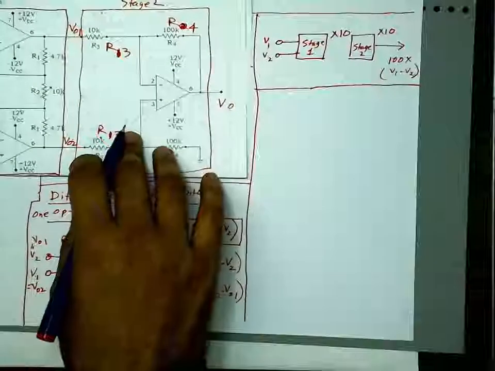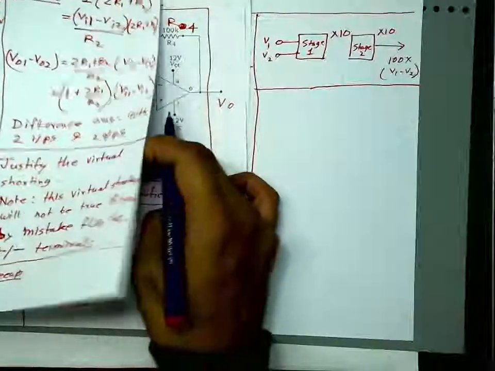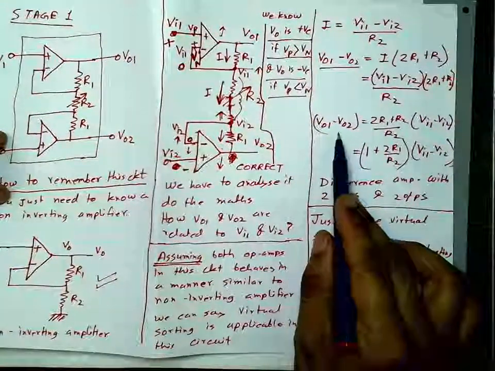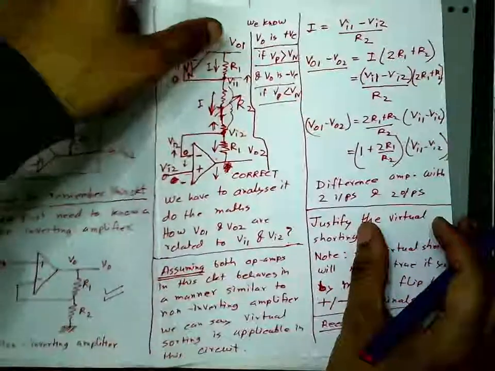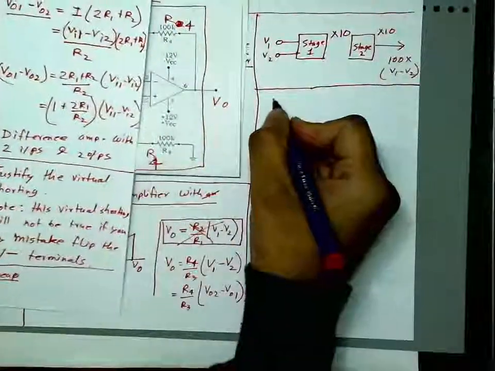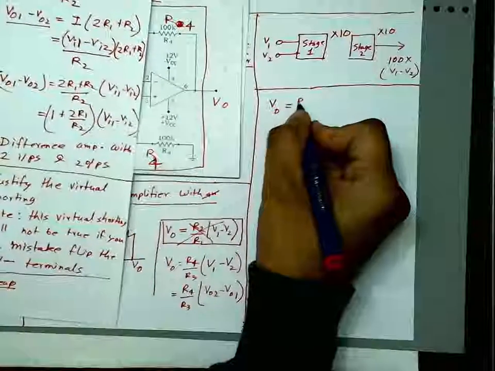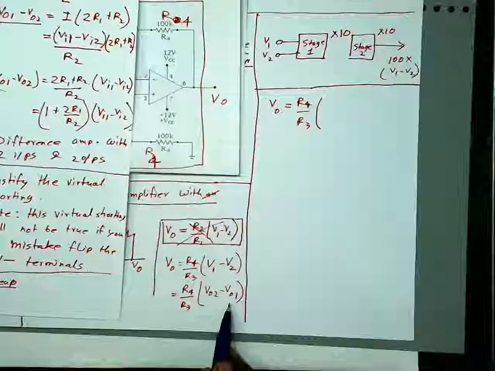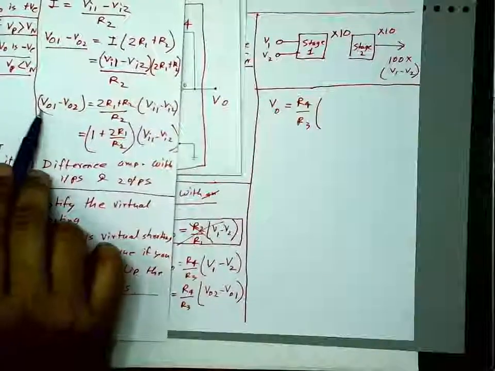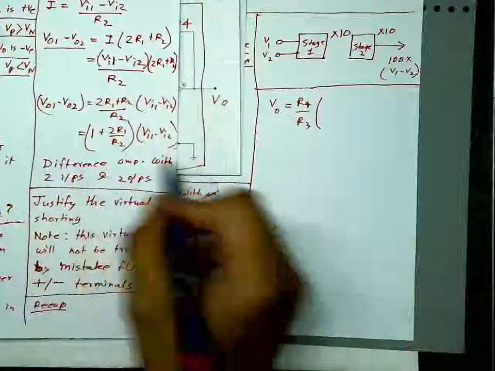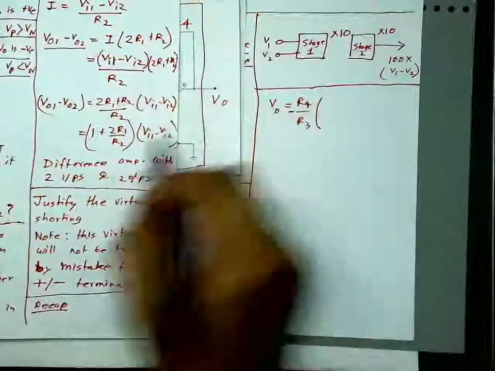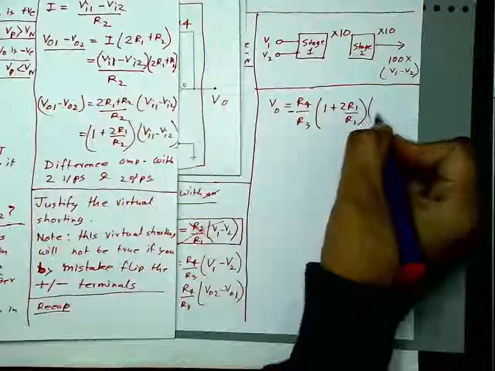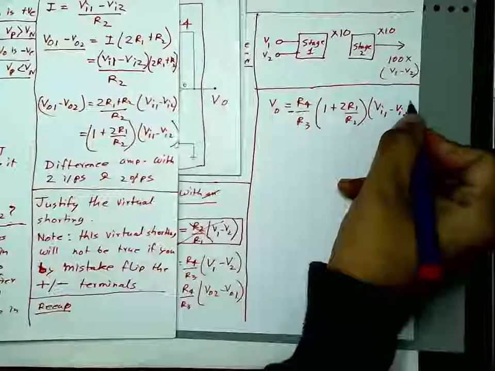And then we have seen for stage 1 that VO1 minus VO2 is this. So let me use this equation here. Therefore VO is equal to R4 by R3, and here instead of VO2 minus VO1, I have to take a minus out, and here I write 1 plus 2R1 by R2 times VI1 minus VI2.